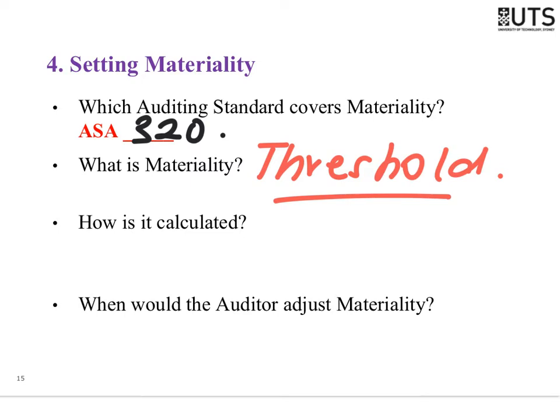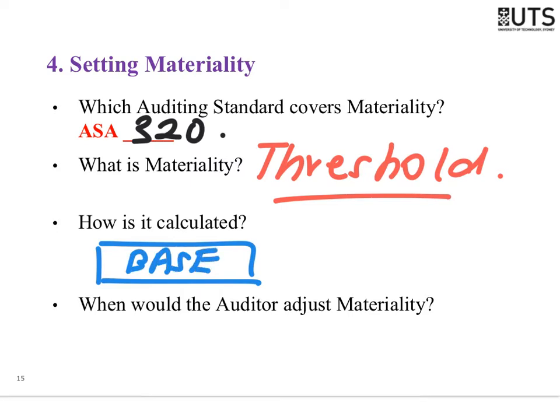Now, how is it calculated? You use your judgment and you pick a base. Often you want that base to reflect a driver of the performance of the company, so we like to use things like net profit before tax or total revenue, because that reflects how the business is performing.